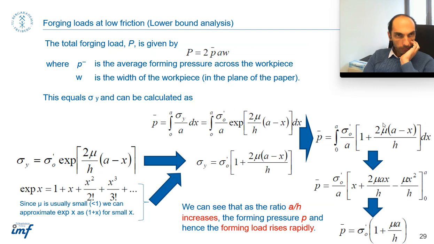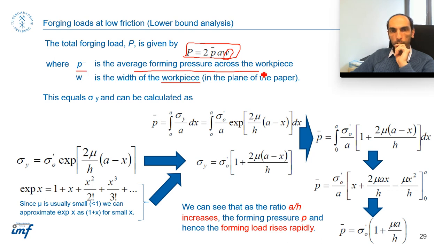Okay, to calculate the forging load, we can write the load in this way, where this is the width of the workpiece, and P bar is the average forming pressure across the workpiece.